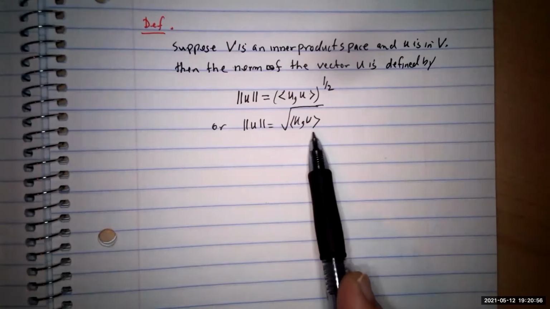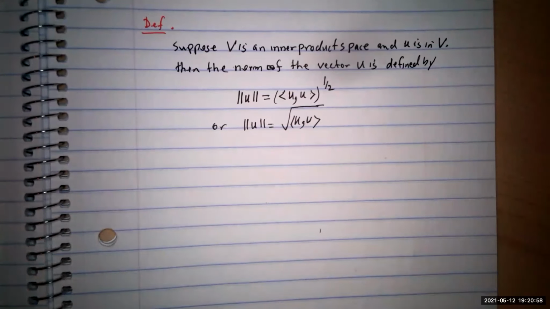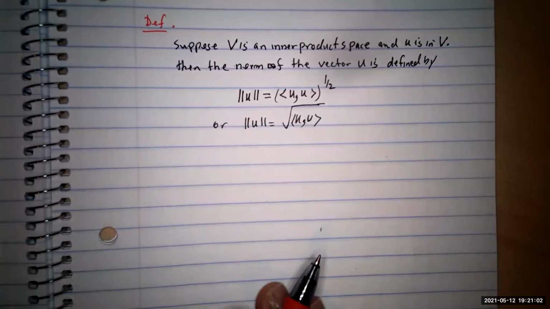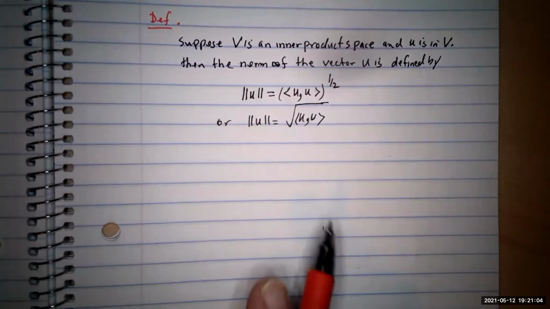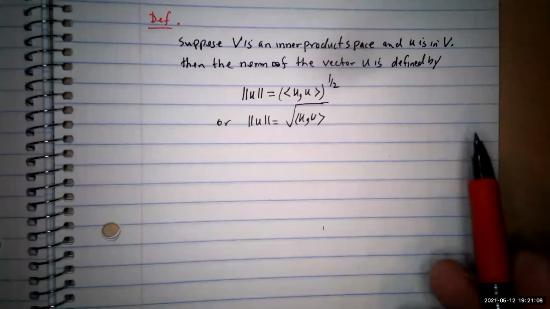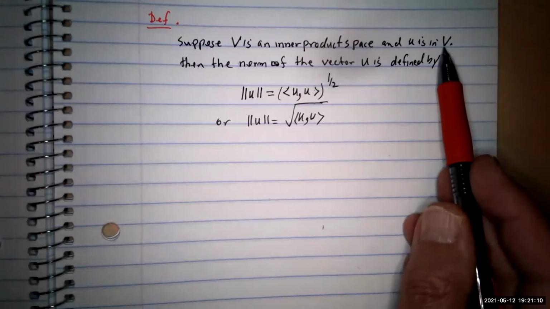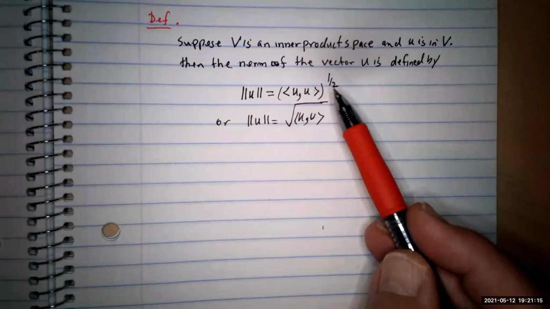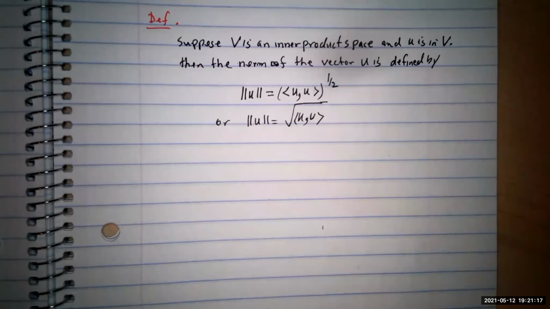So this is going to be a norm. As soon as you get the distance, then you can define more. The particular case is Rn with the usual one, which was the distance from the origin.